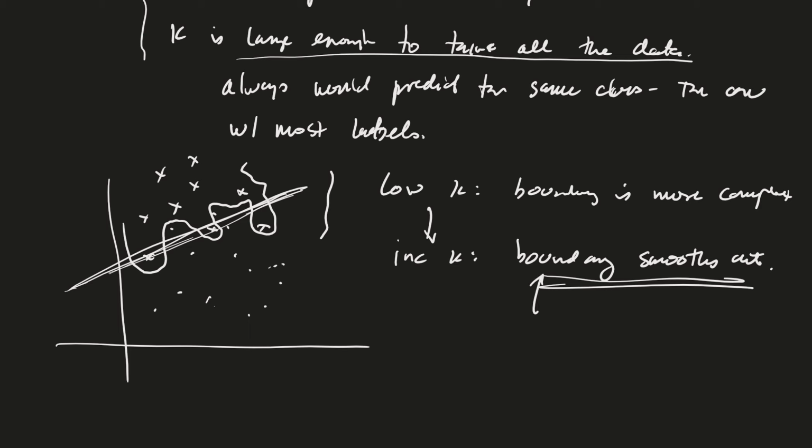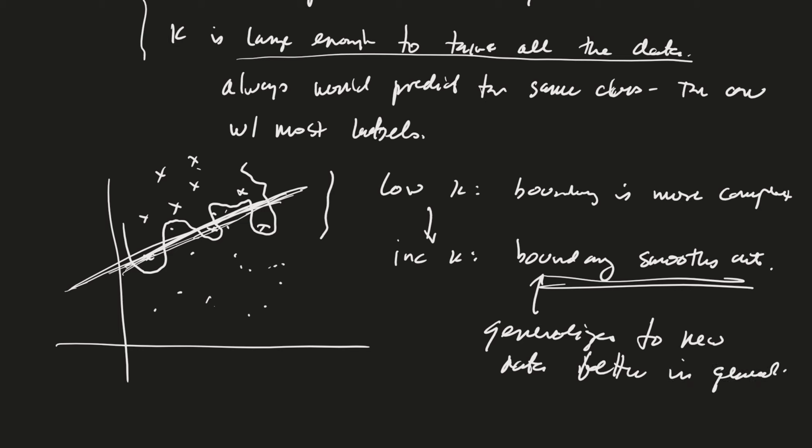We want a smooth boundary between the two classes, even though we're introducing some error, because it looks like that will generalize to new data better in general.